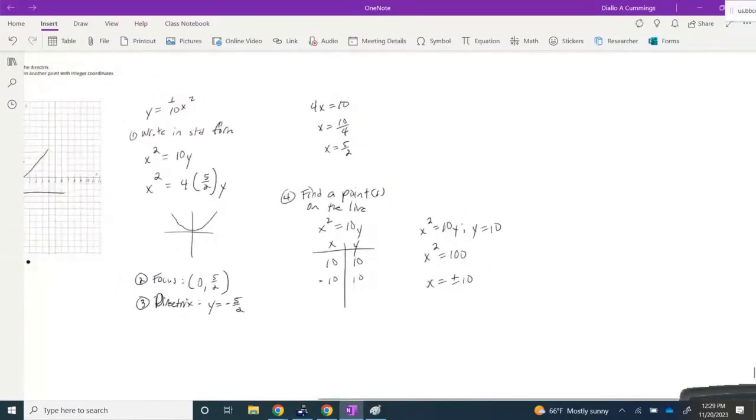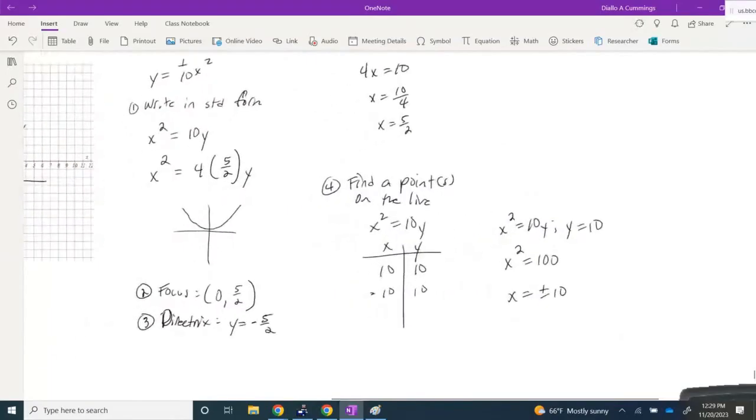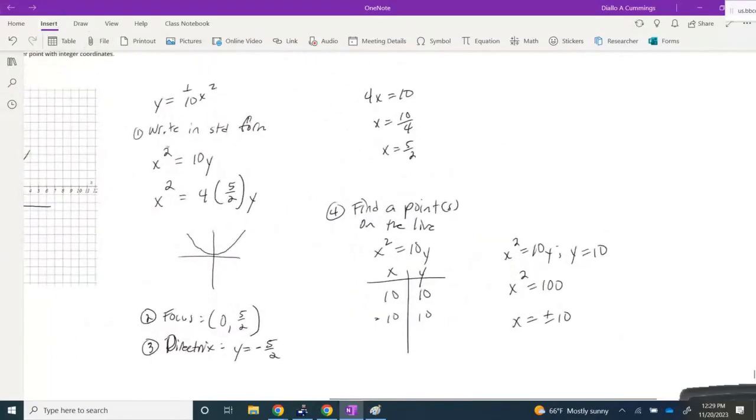So any questions about what we did? Just to review: we took the equation and wrote it in standard form. By writing it in standard form, you can pull out the quantity for a. a is needed in your focus and your directrix. We found 5/2 was the value for a.